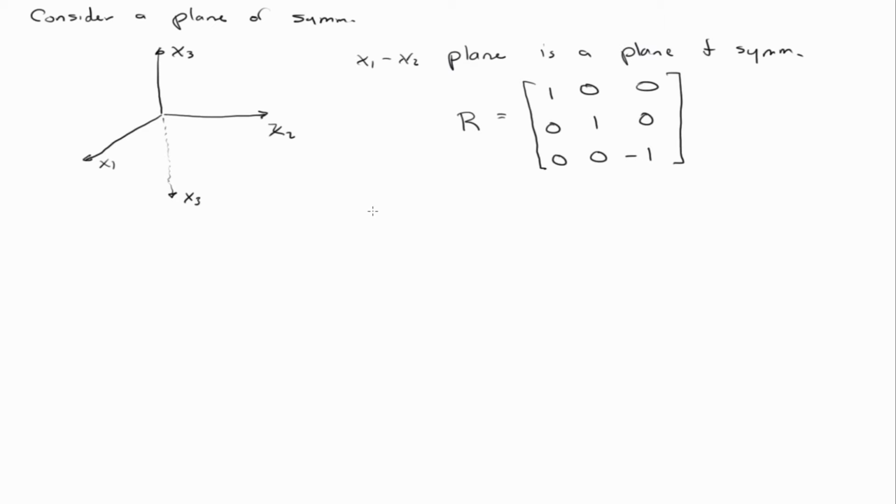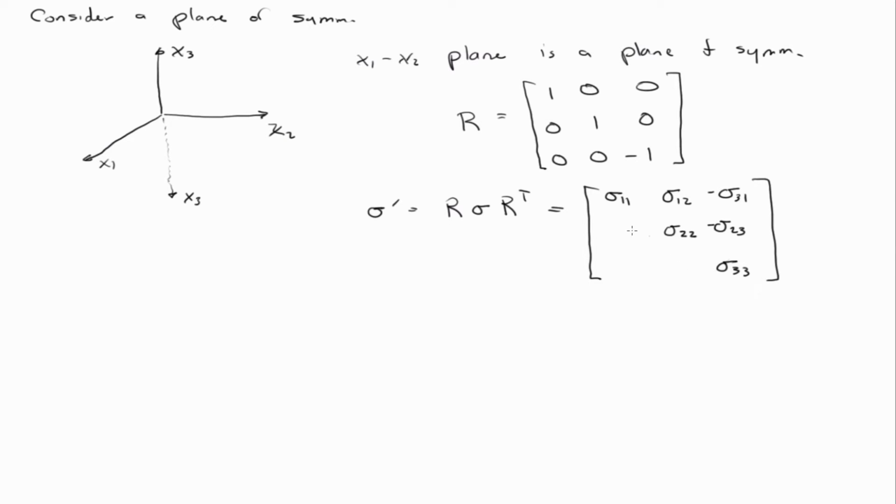So if we were wanting to look at how the stress sigma transformed into sigma prime through this rotation, then we'd use this same equation, and what we'd get is sigma 1, 1, something like this.